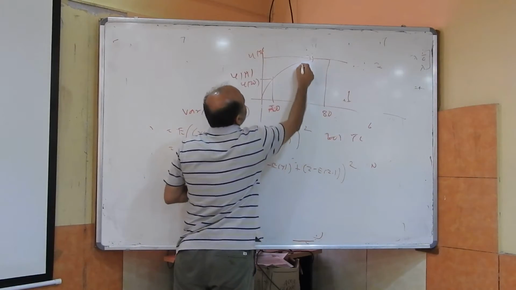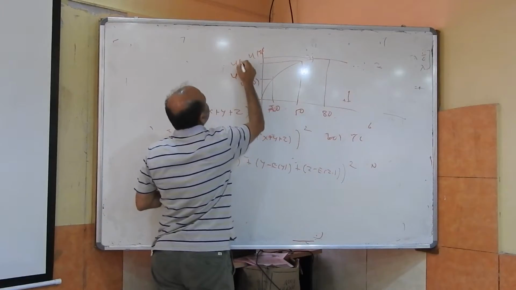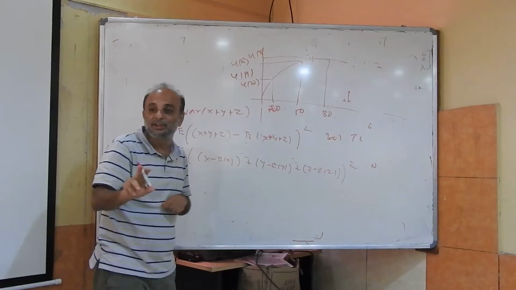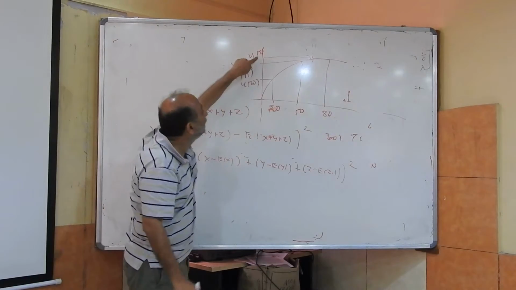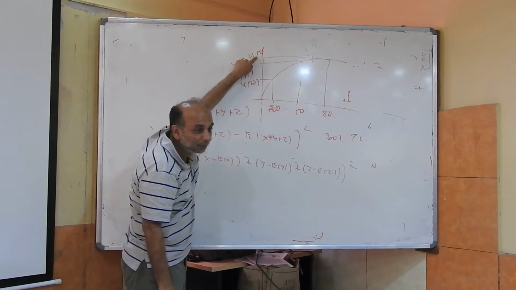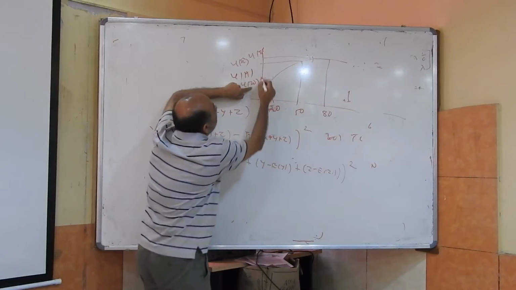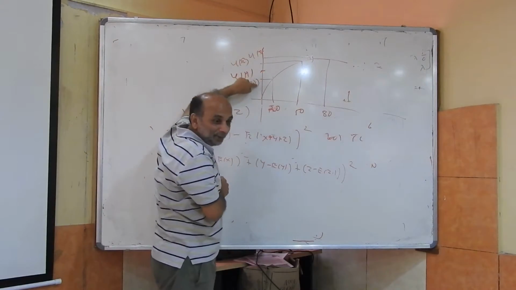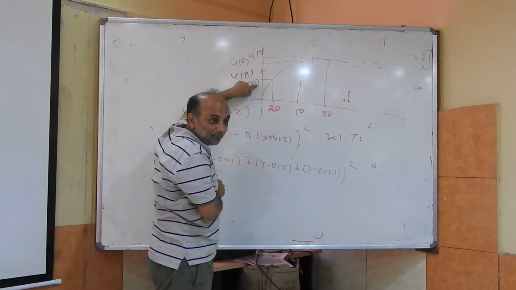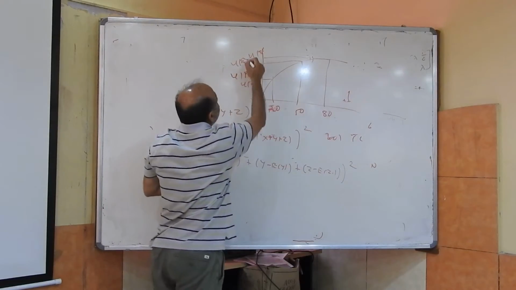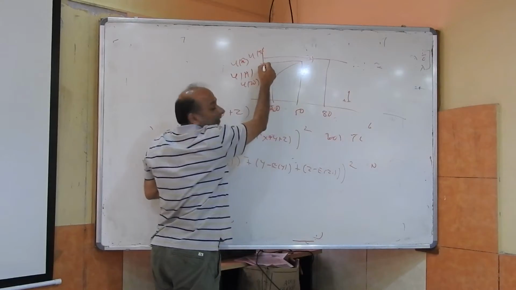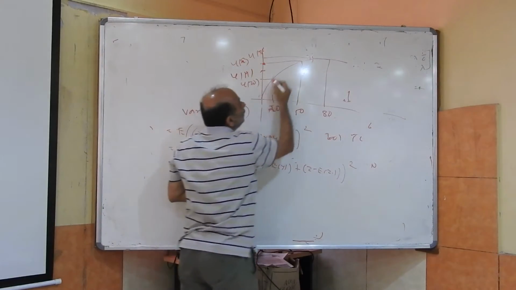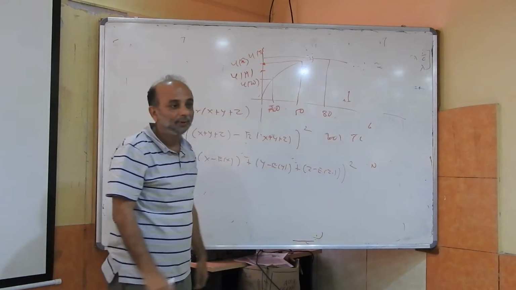So utility of 50 rupees for sure is this, whereas the satisfaction she would get from either 80 rupees with 50% probability or 20 rupees with 50% probability will be somewhere in the middle of U20 and U80. The utility of 50 rupees for sure is higher, because the utility function is like this.